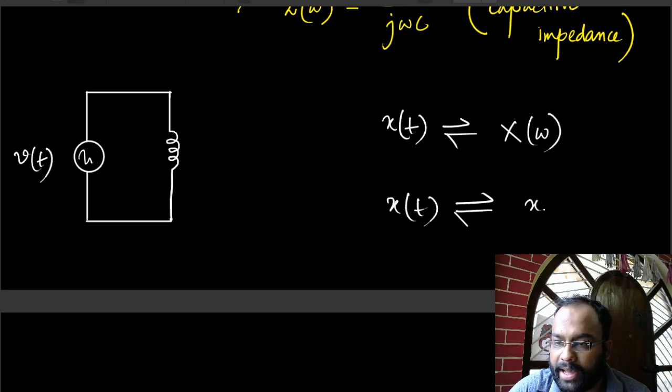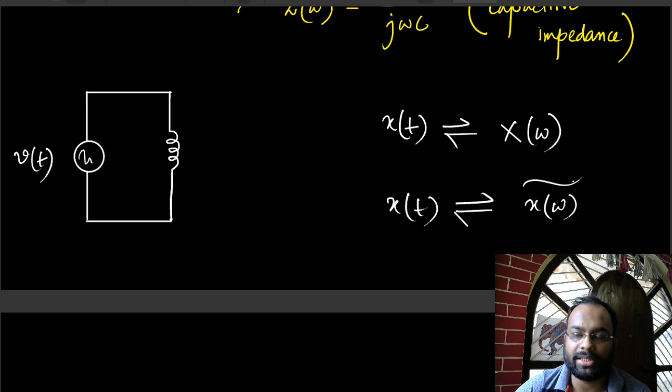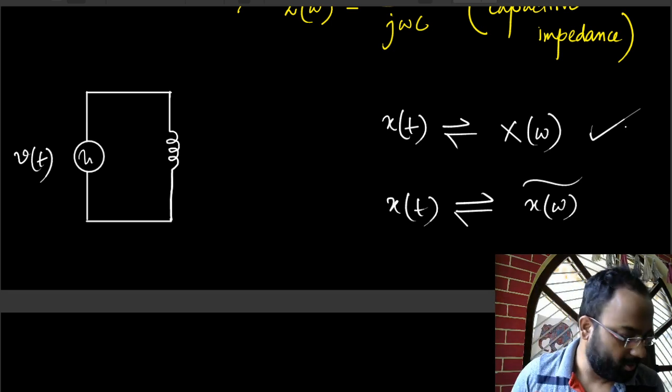So x tilde omega. Again, let me ask you, which symbol do you like? Do you like to write a capital X omega, or x tilde omega? This is a better symbol for electrical engineers, for engineers overall.